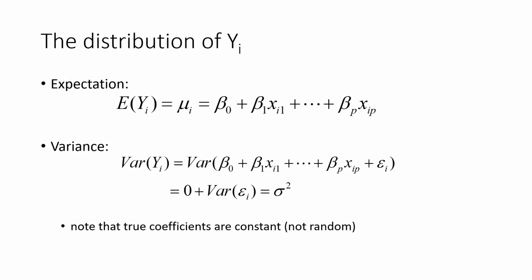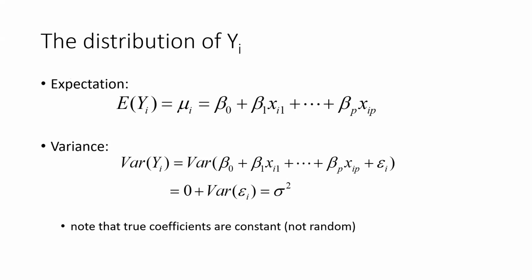The estimators of beta under the maximum likelihood and the least squares estimate is the same, right? So if we take the expectation, we just drop the error term. If we take the variance of yi, we get sigma squared, which is nice.